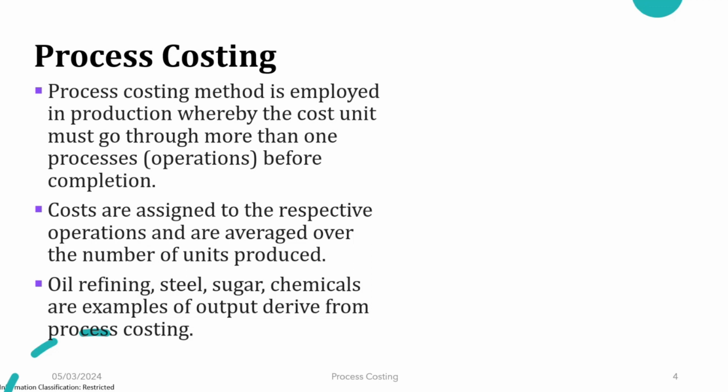And each stopping and restarting will cost them a significant amount of money. So in the oil refinery, the oil will continuously pump in. And in steel, sugar, or chemical manufacturers, those things will be continuously made. So that's a process. It's very much different from job costing or job manufacturing.